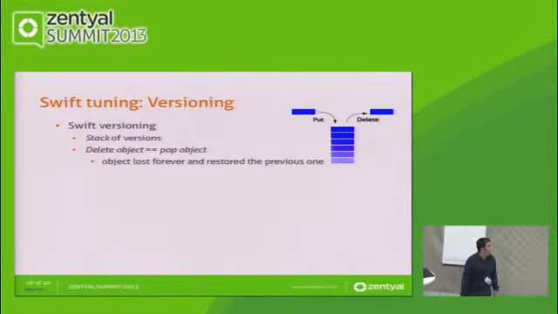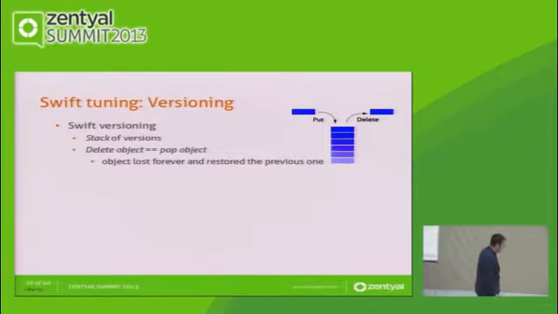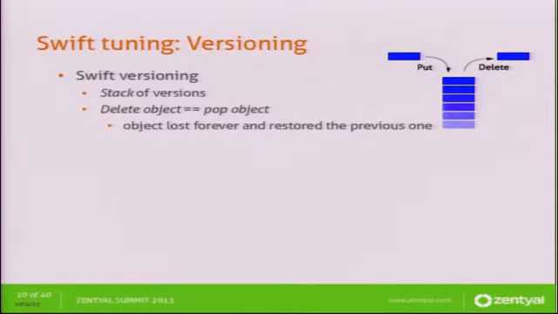Well, we also need to make some modifications. We saw that Swift versioning is not really versioning from our point of view. It's just a stack of versions. So think about having an object. Well, an object here is a file. When you create a new file within Zentyal Cloud Files, you put an element in the stack.